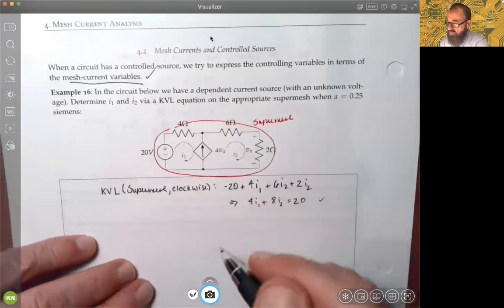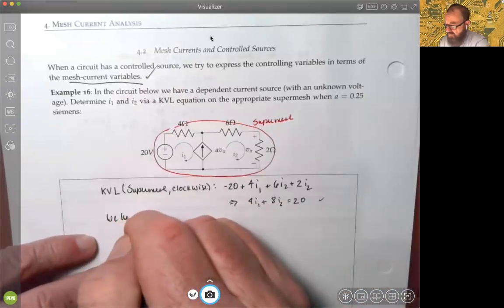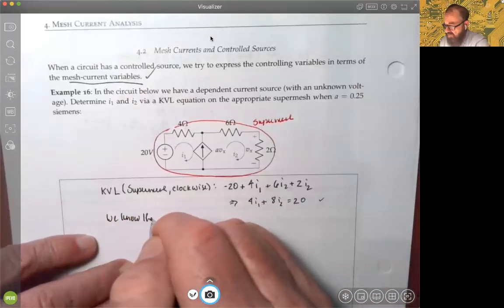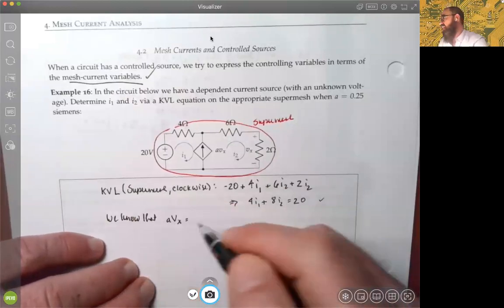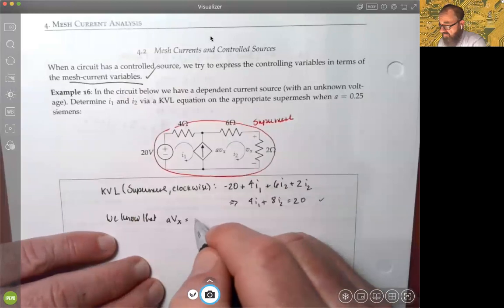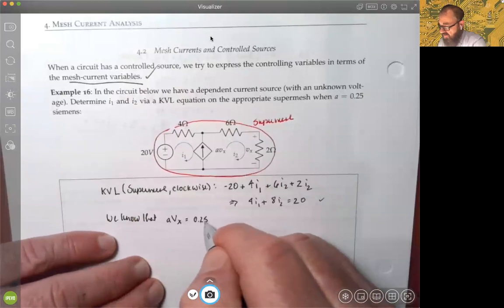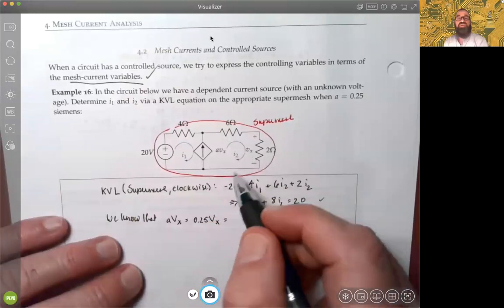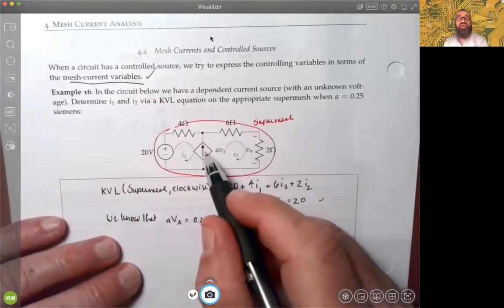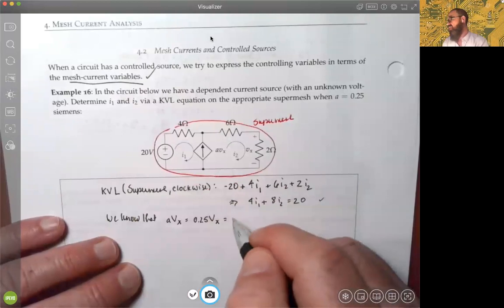So we know that A times Vx, with the gain parameter being 0.25 Vx, must be what? Look at the direction of that current source. Who's in the right direction of it? Same direction. I2 is, and I1 is opposing.